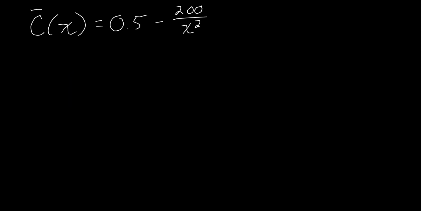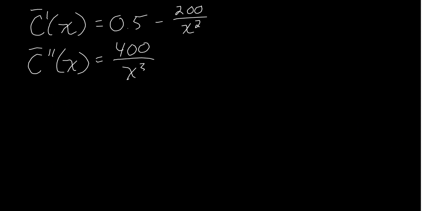So that means the second derivative is going to be, again, the 0.5 goes away. This turns into a 3, so it's going to turn into a negative. No, it's going to turn into a positive, sorry, positive. And it's going to be 400 over x cubed. Okay, so we have 400 over x cubed.